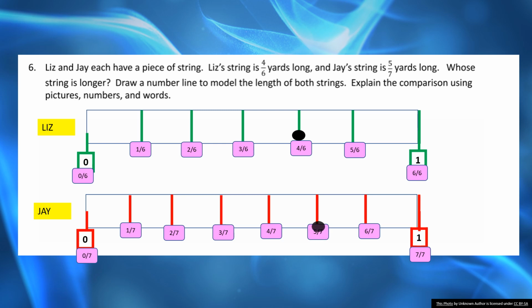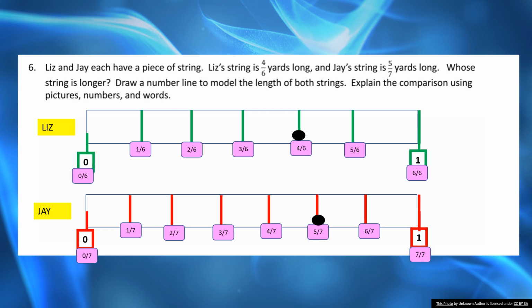Now we can plot 5/7. So I'm going to put a dot right there above 5/7, but you can circle it if that's easier for you to do. Now let's take a look. Remember, when a fraction is closer to 0, it's smaller. When it's farther from 0, it's bigger, right? Because it's closer to 1.